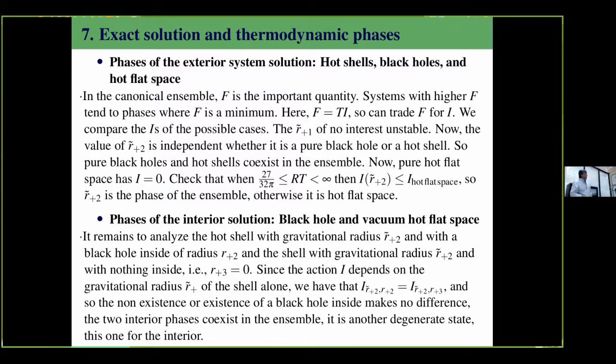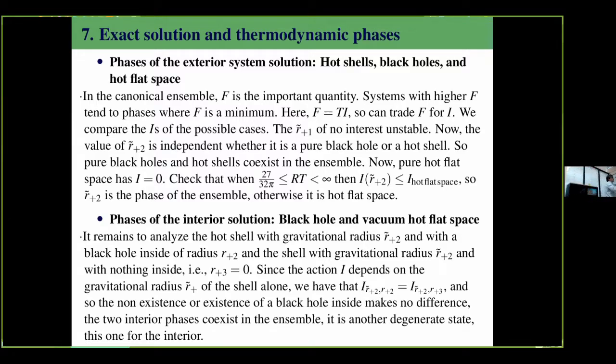Now we can study the phases. F is the important quantity, but F and I are the same thing. So we know that systems left by themselves tend to lower F, as in the canonical ensemble, as systems in the microcanonical ensemble with fixed energy tend to higher entropy.